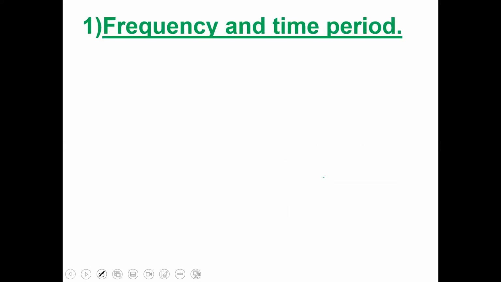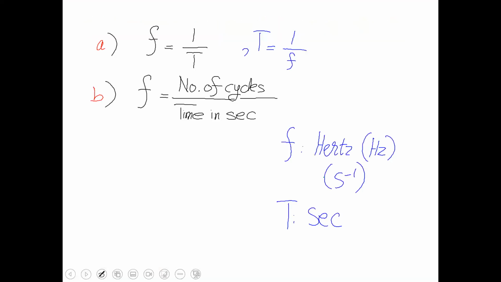No need to copy because the list has been copied. So write number one and look at the formulas. Frequency is equal to 1 upon T. Frequency is equal to number of cycles upon time in seconds. Now you have to copy down these formulas. I'm just coming in a minute. You have to copy this screen.